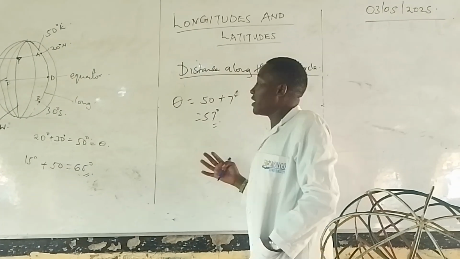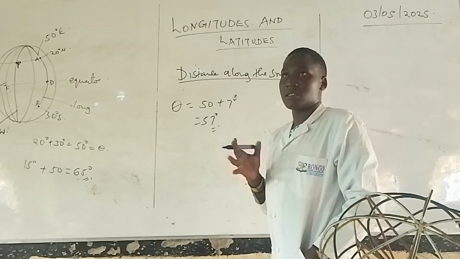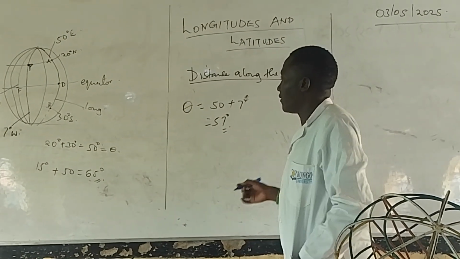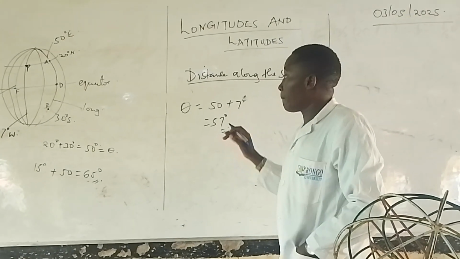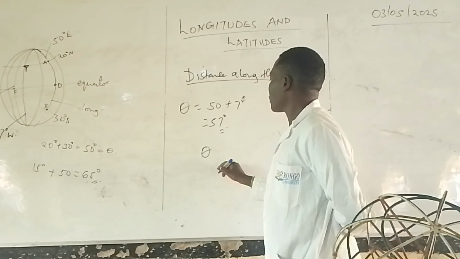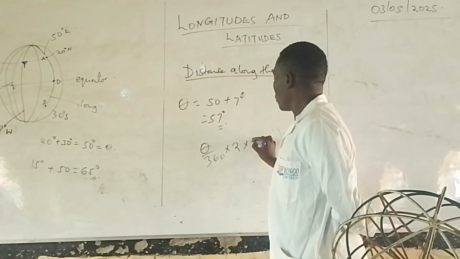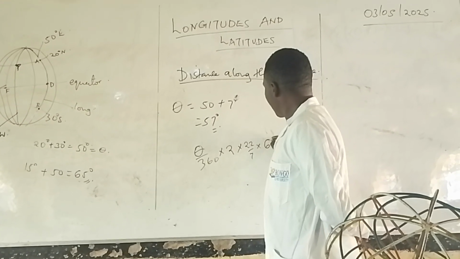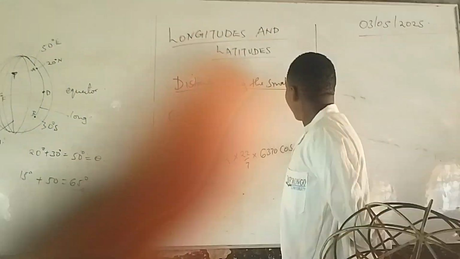Now, the formula that you're going to use here is a bit different from the previous formula. If we want to calculate the distance in kilometers along the small circle, it is theta over 360 times 2 times pi, which is 22 over 7, then times 6370 cos alpha.